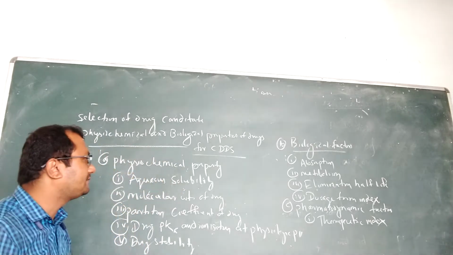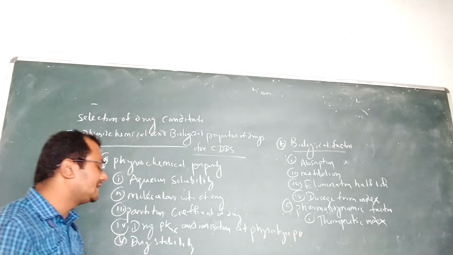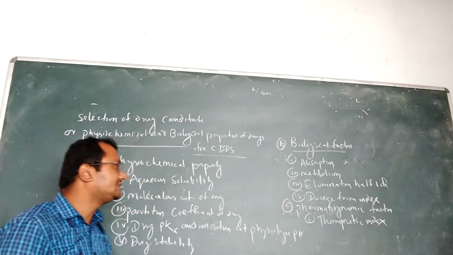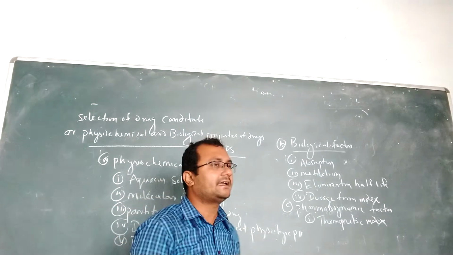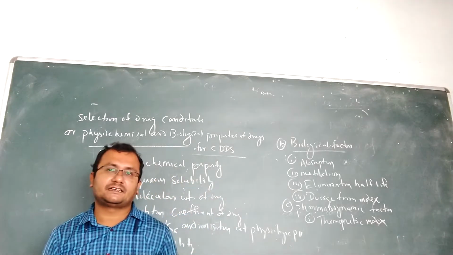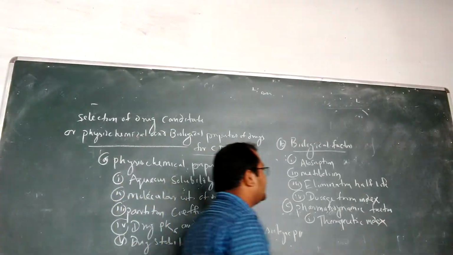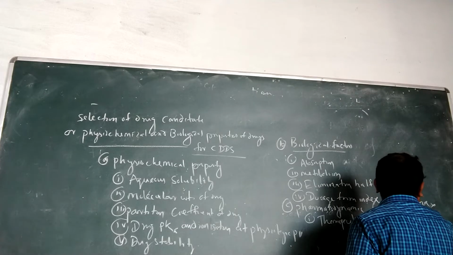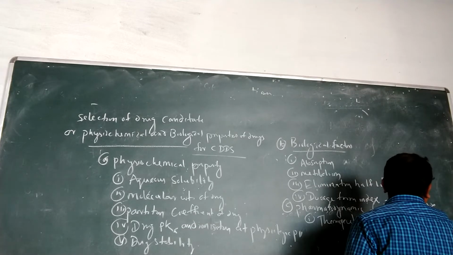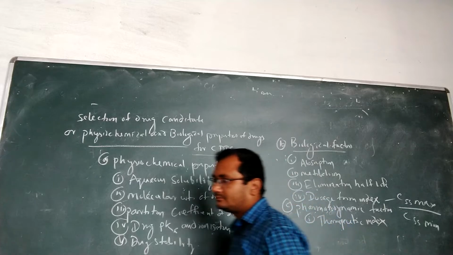Then the dosage form index. Generally it is the maximum steady state concentration divided by the minimum steady state concentration, or we can write CSS max divided by CSS min.